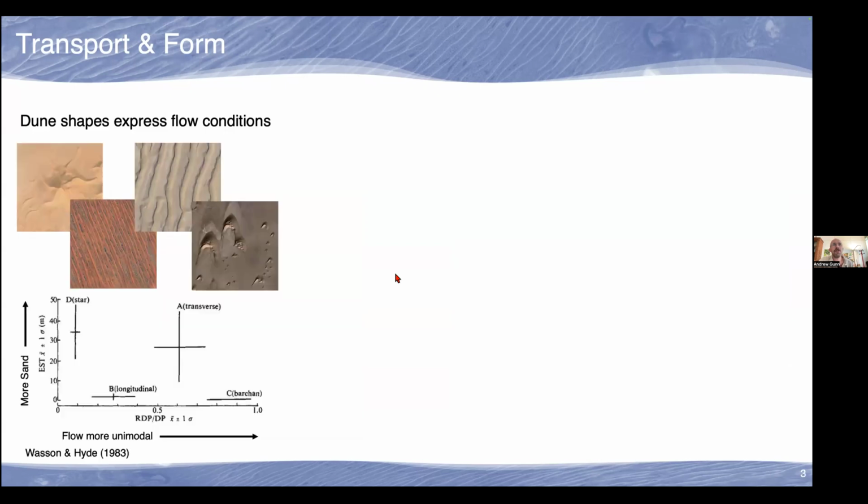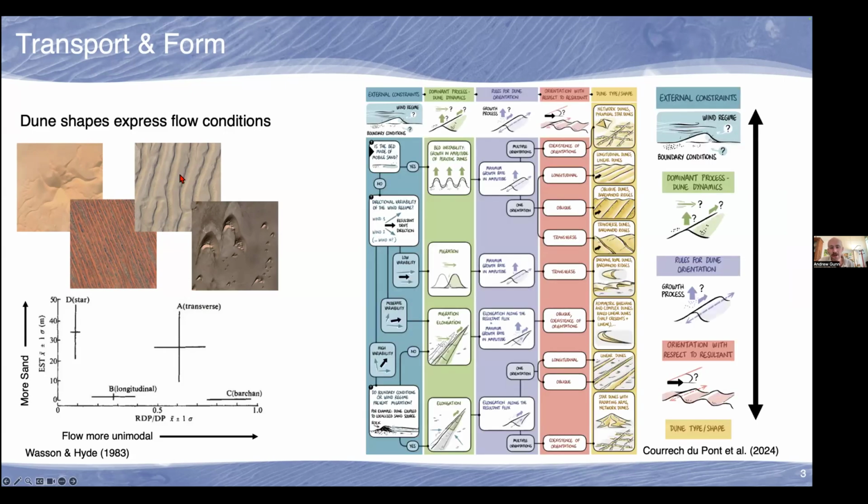If we look at this type of behavior across the planet, or anywhere really where wind blows sand around, we find that there are maybe four characteristic morphotypes that people generally look at: star dunes, linear dunes, transverse dunes, and barchan dunes.